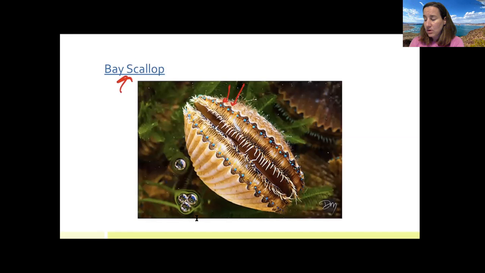And these guys are also some of the ones that are threatened. Lots of freshwater and brackish and marine bivalves are threatened and endangered. We are trying to replenish some of the oyster bed populations.